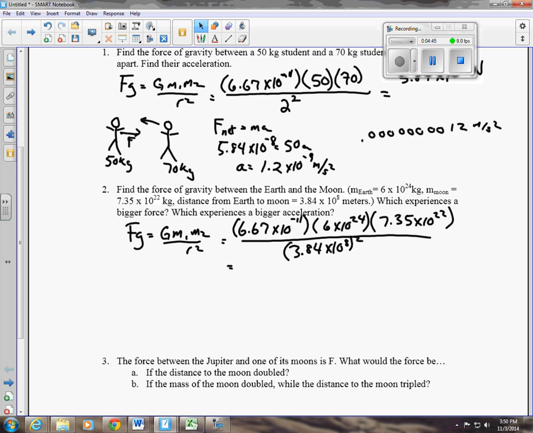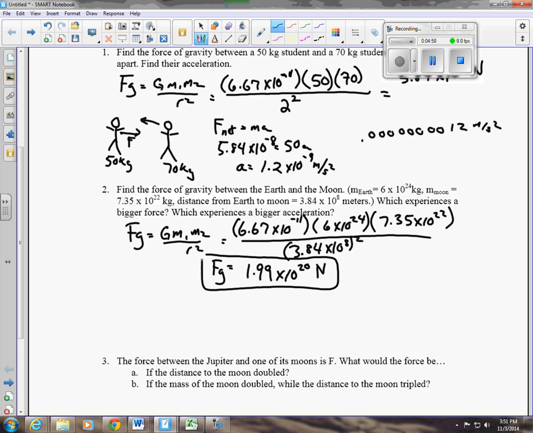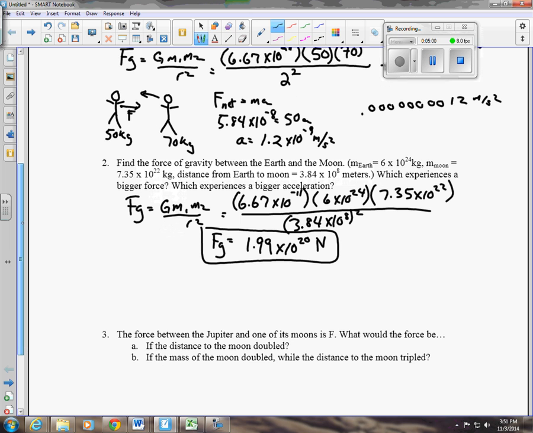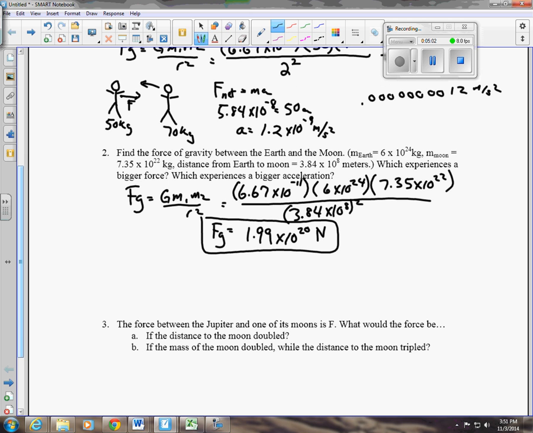So then we'll get our answer, 1.99 times 10 to the 20 newtons. So that is the force of gravity between the Earth and the moon. Remember, if I was to do this the other way and put the moon's mass here and the Earth's mass there, I would still get the same value. They're the same force.